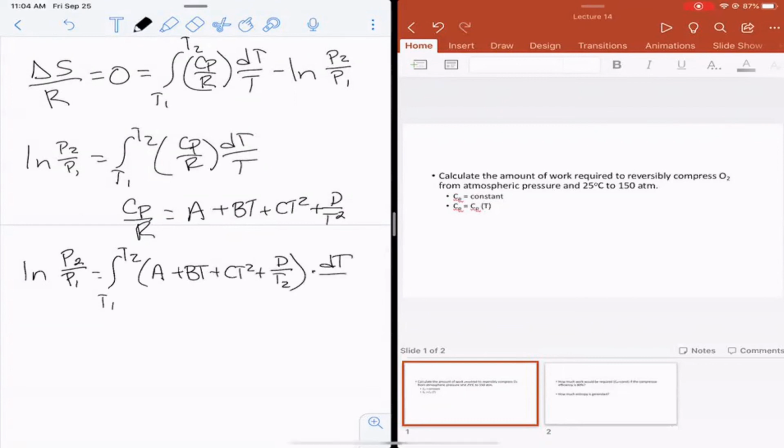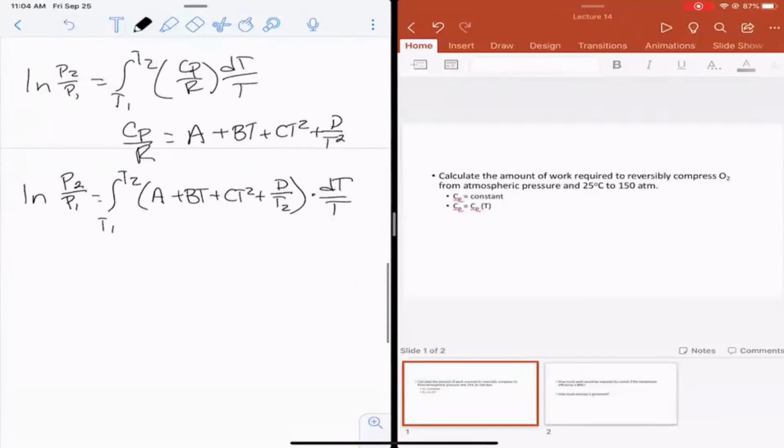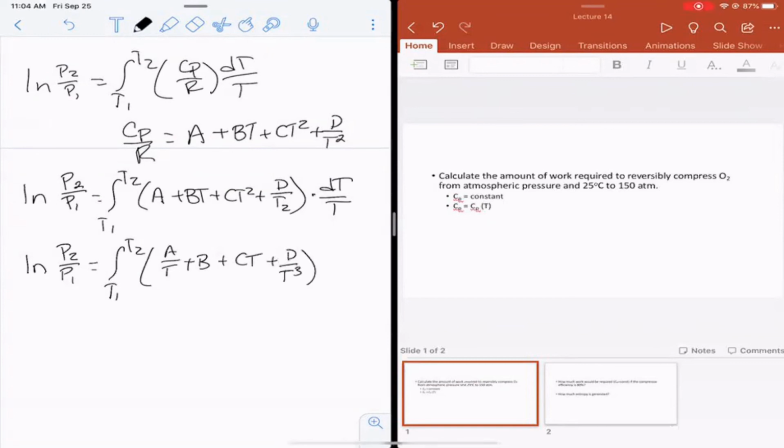times dT over T. And if we distribute the T in the denominator, then the natural log of P2 over P1 is the integral from T1 to T2 of A over T plus B plus CT plus D over T cubed dT. And of course, that integral is relatively straightforward, right?